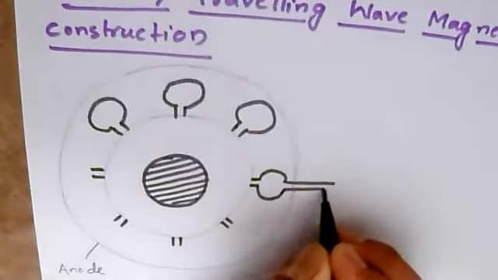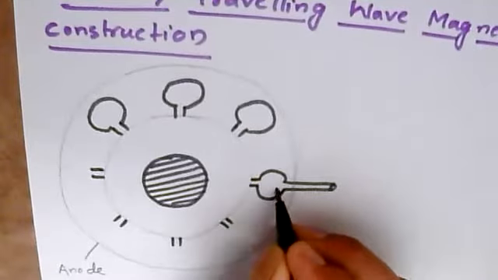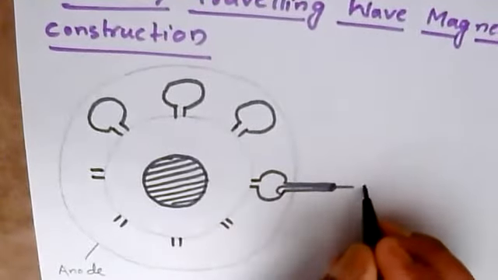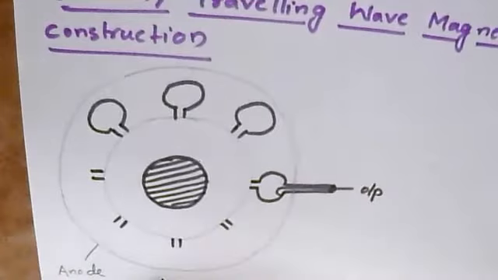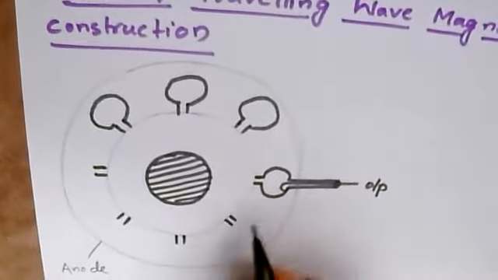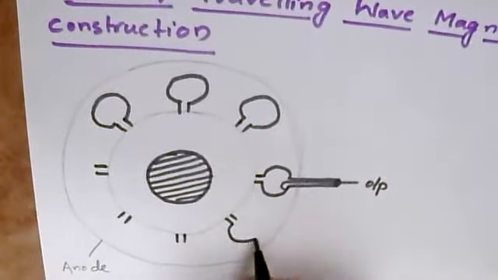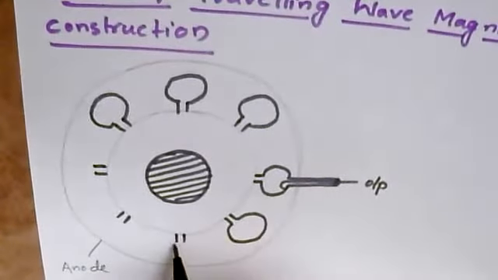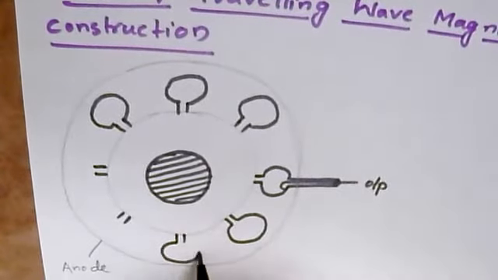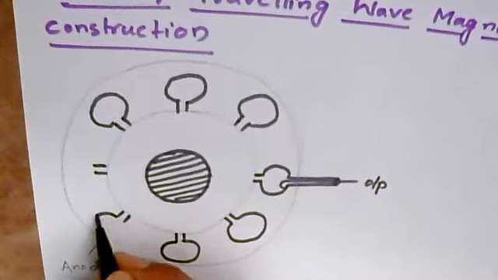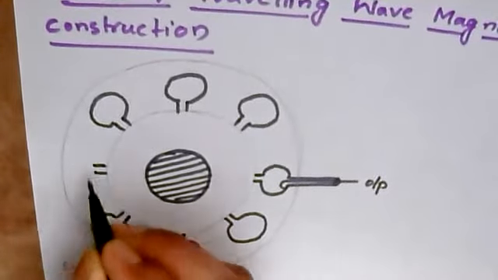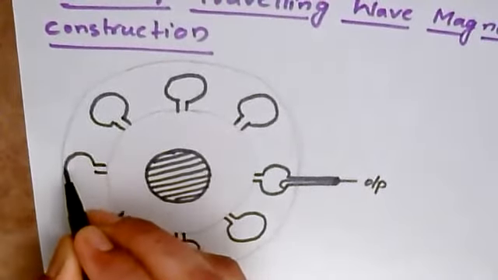The output can be taken from any of the cavities, so the RF output is being taken from this particular cavity. It is being taken over here, and this is another cavity. So totally, you can see that there are 8 cavities. Why is it taken as 8?